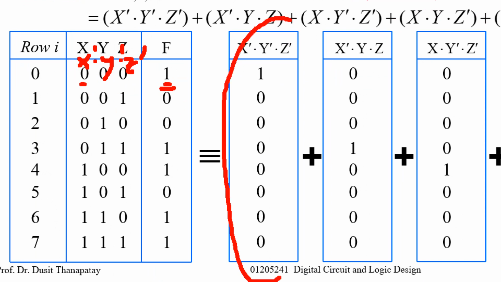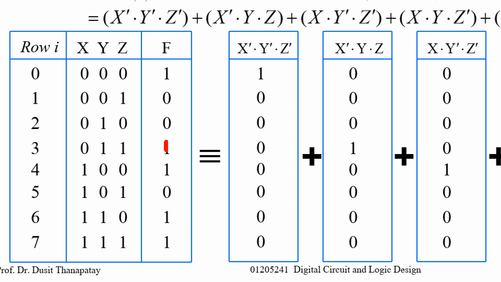After that, you just consider another logic 1 result. This one will be 1 when input x, y, z is 0, 1, 1. That means the min term is x prime and y and z, right? For any other value of x, y, z, the result will be 0. And how about this?